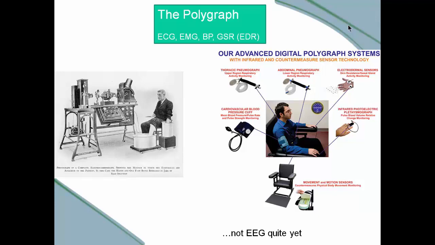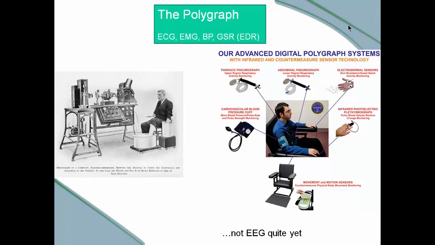Your pupillary responses, whether they get dilated or constricted, and our good friend GSR, galvanic skin response, or EDR in the case of a polygraph, where your skin does indeed change its resistivity relative to very small variations in anxiety.